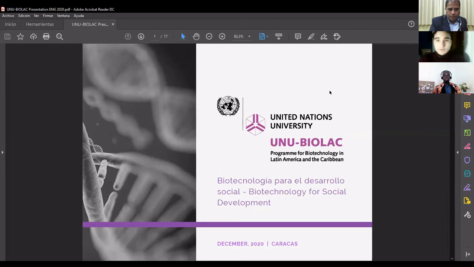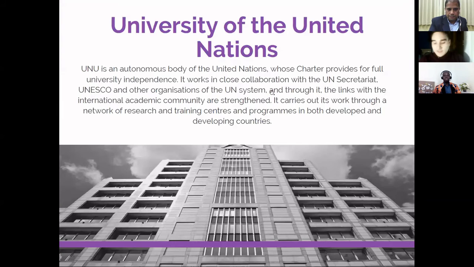Okay, wonderful. Let's start. What is the United Nations University? The University of the United Nations is an autonomous body of the United Nations system, which is different from the formal United Nations as an organization. The United Nations organization is composed of 6 main organs: the General Assembly, the Security Council, the Economic and Social Council, and so on.